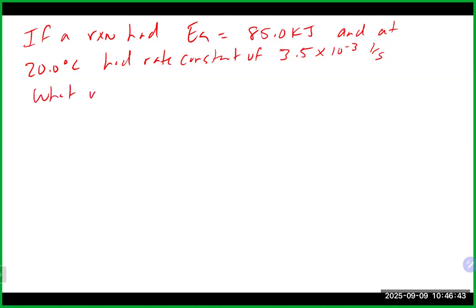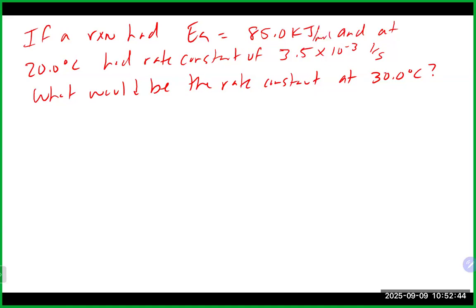What would be the rate constant at 30 degrees Celsius? I think that's everything you need, I hope. Give that a go, see what you come up with. We'll hope my made up numbers work. I guess we'll shortly find out, I suppose.